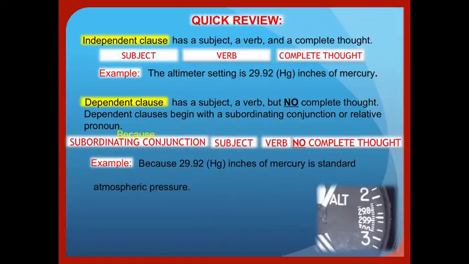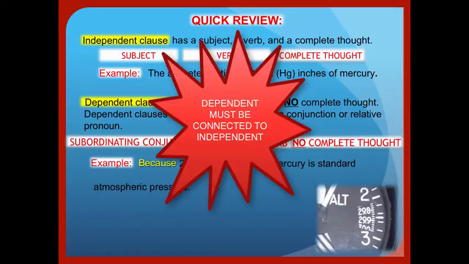However, the subordinating conjunction because creates an incomplete sentence. A subordinating conjunction connects 2 ideas in a sentence. The dependent clause is one idea, and the independent clause is the other idea. Therefore, a dependent clause must be connected to an independent clause to make sense.